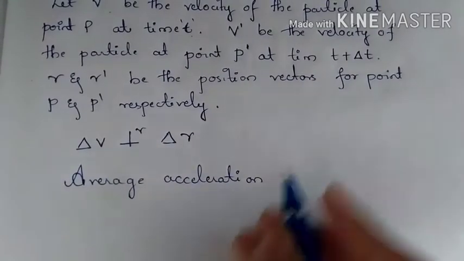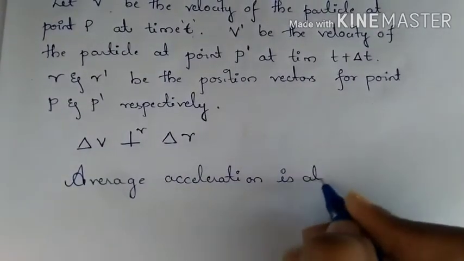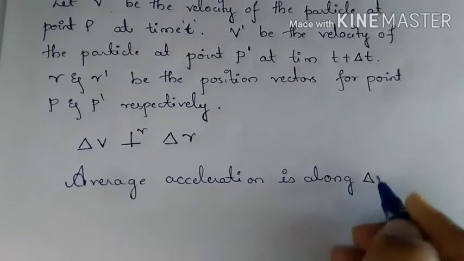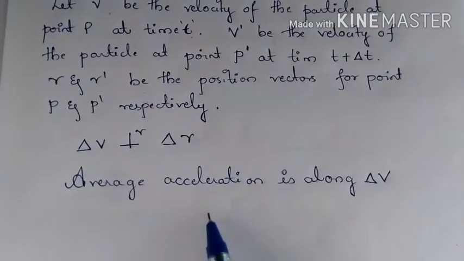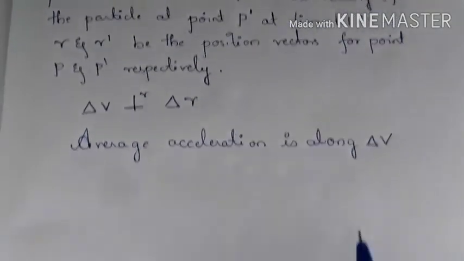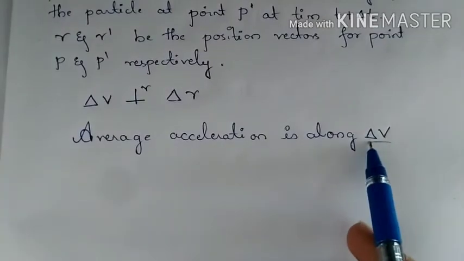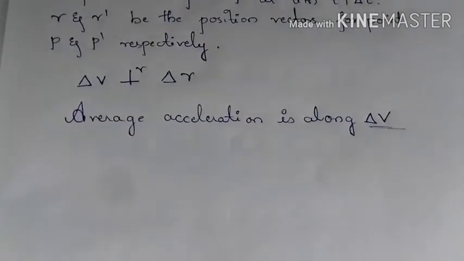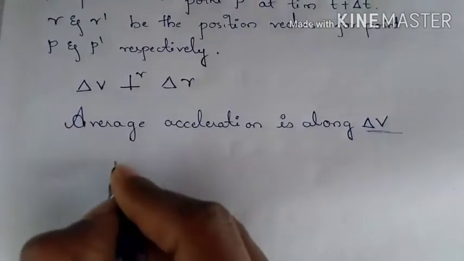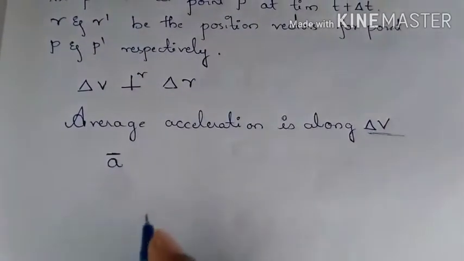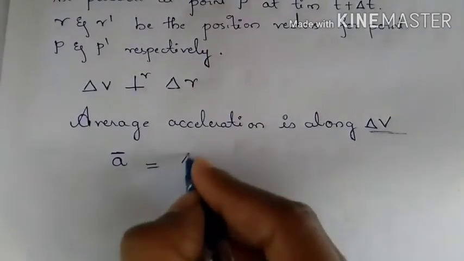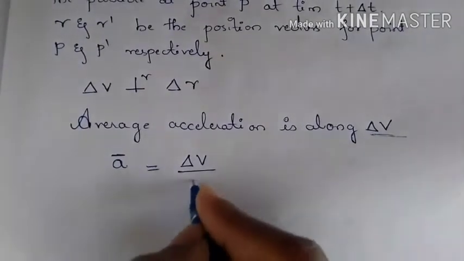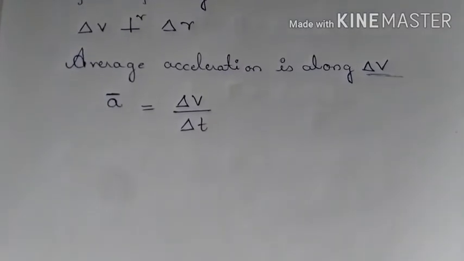So average acceleration is along delta V. The direction of acceleration is the same as the delta V direction, which is perpendicular to delta R. Average acceleration A bar can be written as delta V divided by delta t, as we have learnt in our previous section.